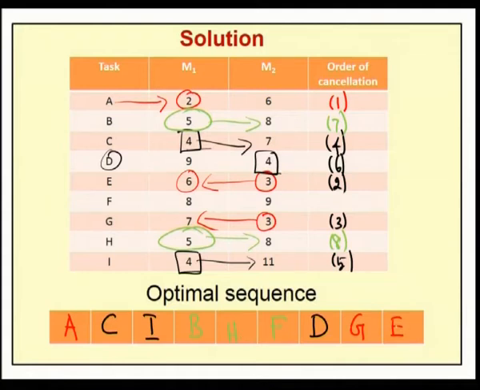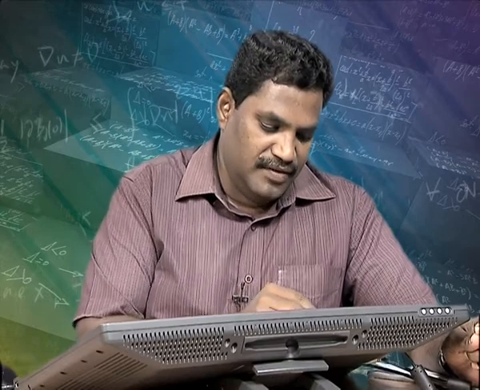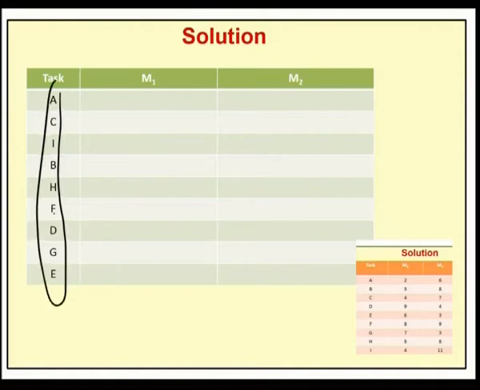So with this optimal sequence, now we try to calculate the total elapsed time. So the optimal sequence for the given problem is A, C, I, B, H, F, D, G, E. So this is our optimal sequence.